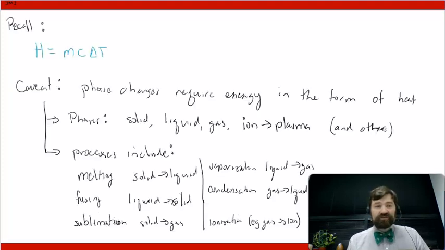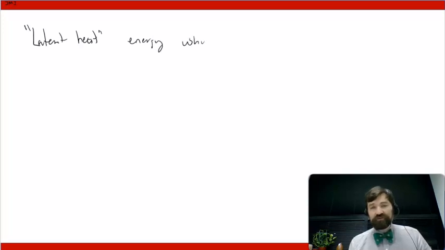There's actually, for each of these phase changes, some energy associated. So this energy is what's called latent heat. So latent heat is basically energy to cause a phase change, energy which causes phase change without any temperature change.